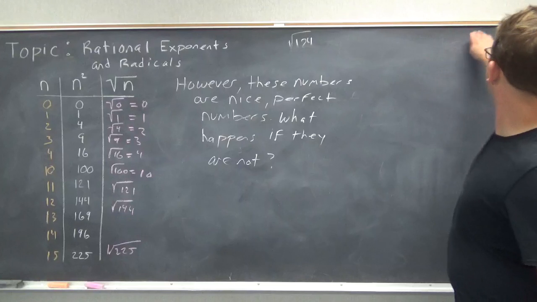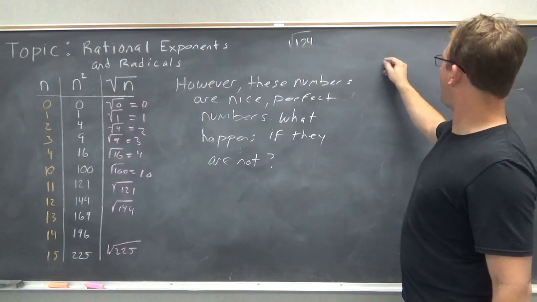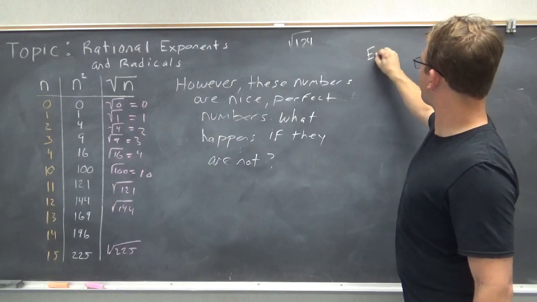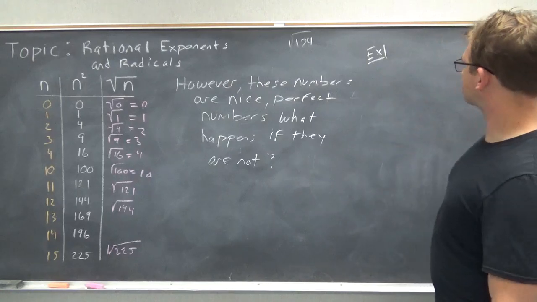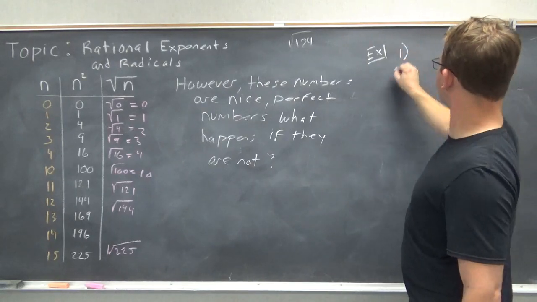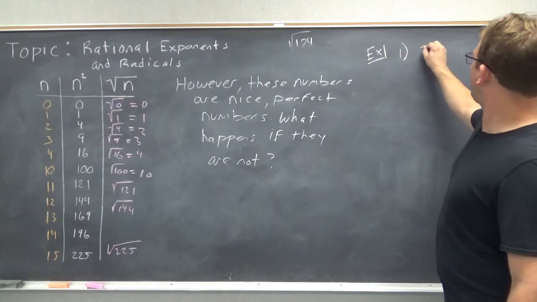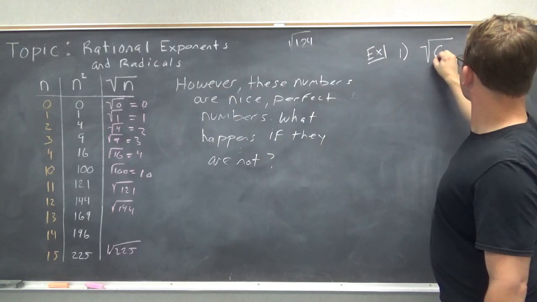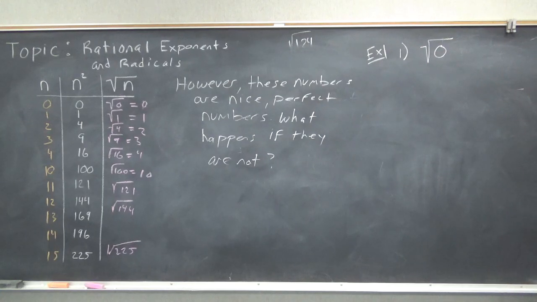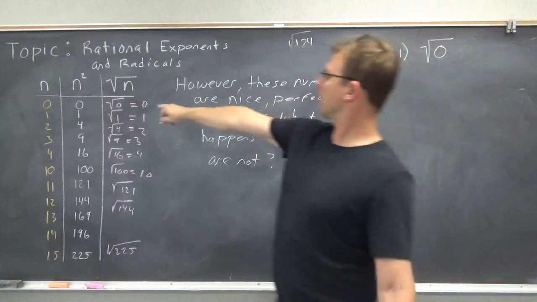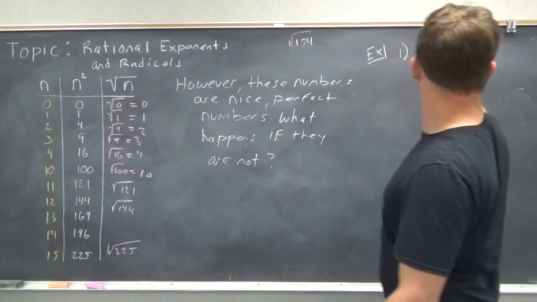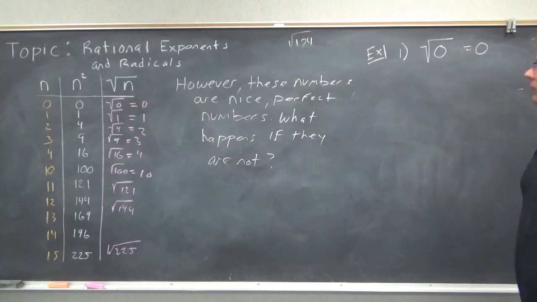So, over here, I would like us to do some examples. Example 1. What is the square root of 0? The square root of 0 is 0. Good.